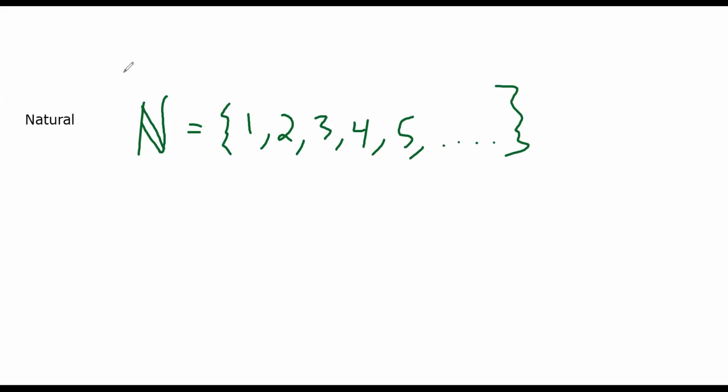So you can see why they use an N for natural. The integers are weird. They use a different symbol. It's like a Z. It's like a weird, funky Z.